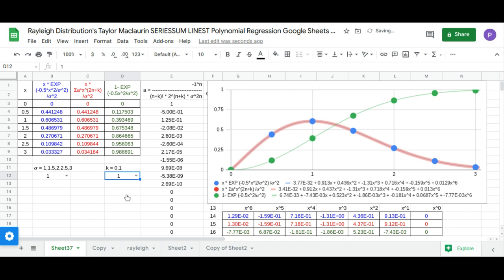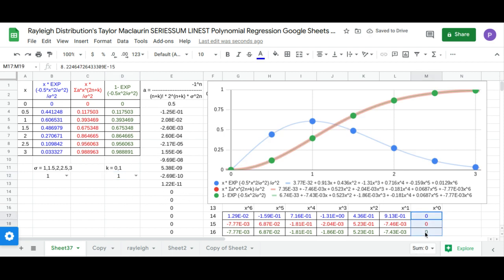So the coefficients. X to the 0, 0. This is 0 because it's times 10 to the minus 32, times 10 to the minus 33, that's 0. X 0.913, and this is 0.746, 7.4 times 10 to the minus 3. This is 0.436, 0.523. This is 0.13, 1.31, 2.04 times 10 to the minus 3, 1.86.